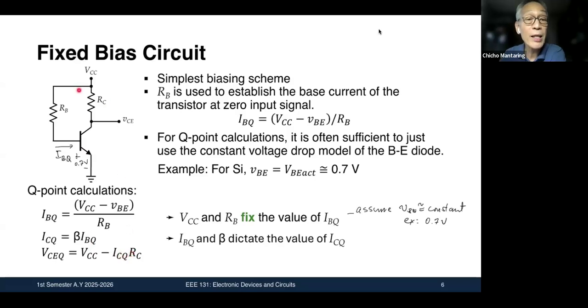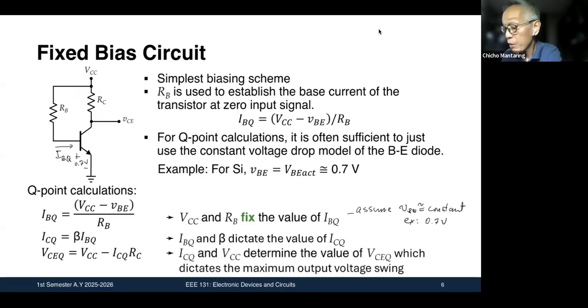So that's the only time your collector resistance comes into play. Now, this is important because VCEQ is what will establish what your maximum output voltage swing will be. We said that you should try to position VCEQ as much as possible in the middle of your linear operating range.